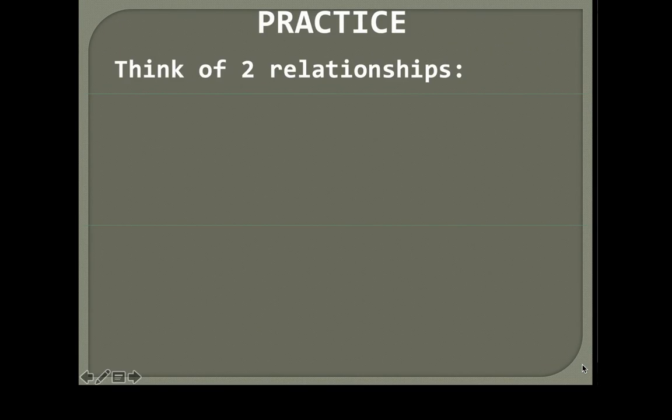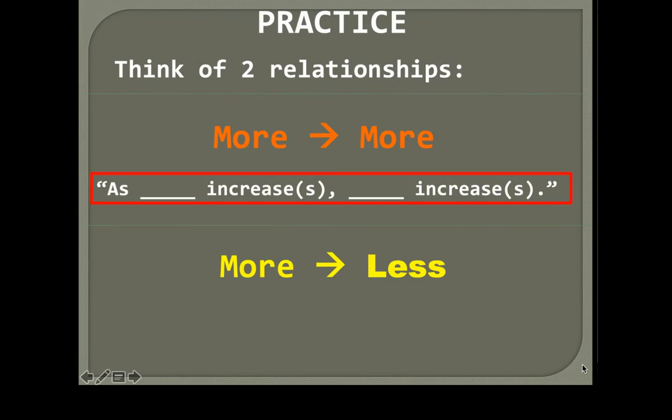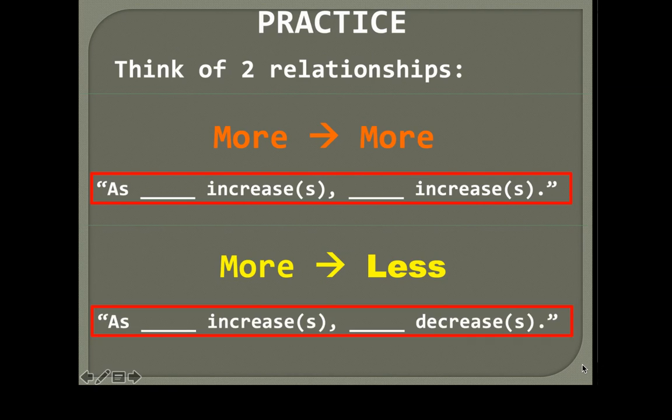So let's think of two relationships, more or less. As something increases, the other increases. As something increases, the other decreases. So just another way of thinking about that relationship and how we express it.